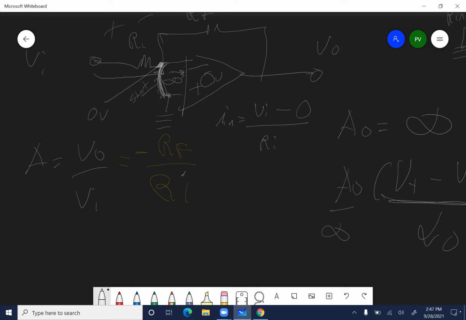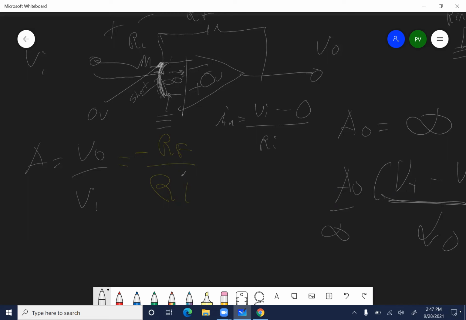So then any current that goes through here has to travel on and continue over here. How do you get current to go from your 0 volts point to V0? We get a plus to minus voltage drop here.